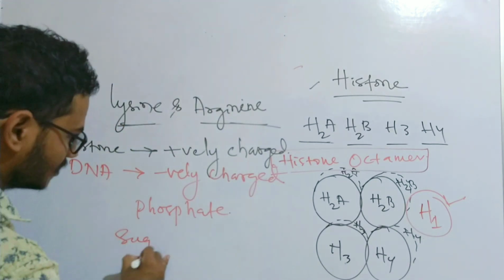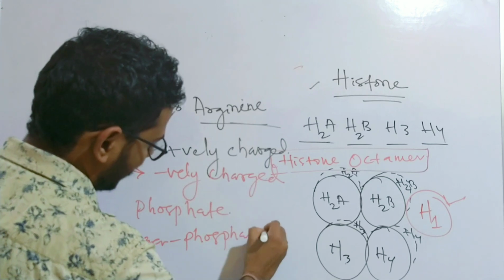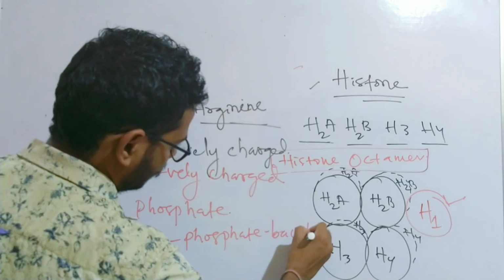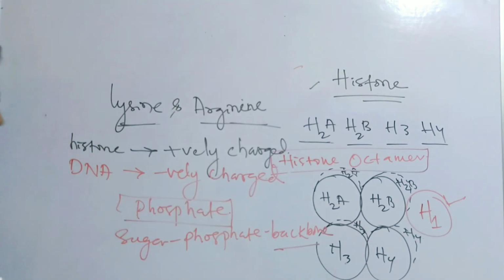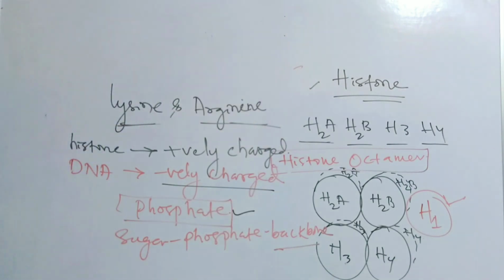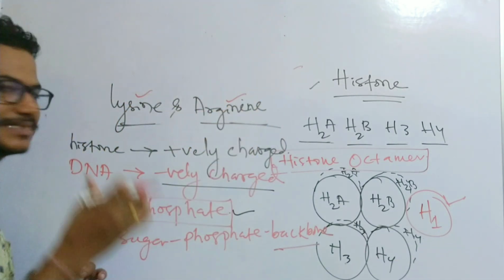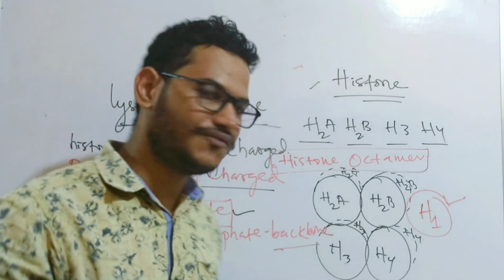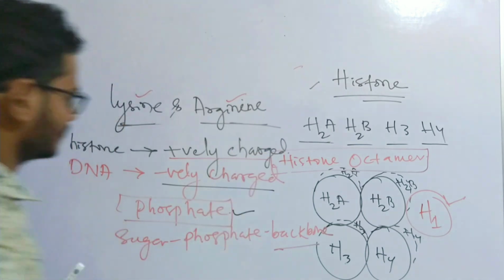In the sugar phosphate backbone of DNA, the phosphate is there. So due to the presence of phosphate, the DNA is negatively charged, and due to the presence of these 2 amino acids, the histone is positively charged.